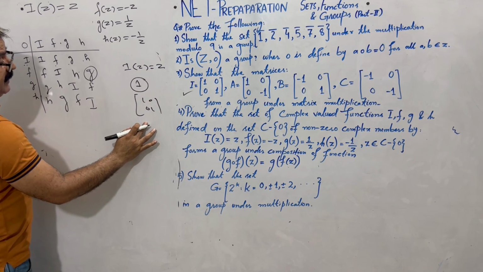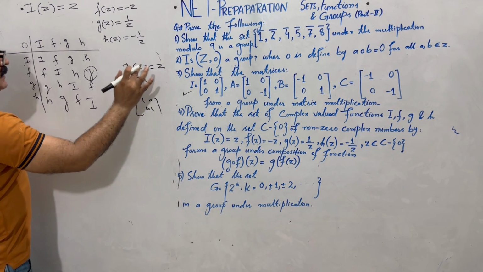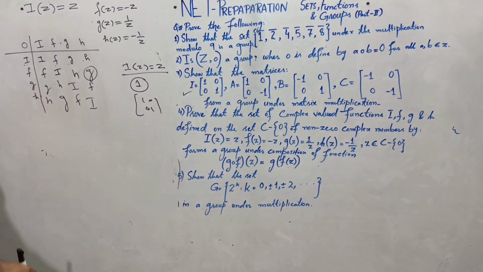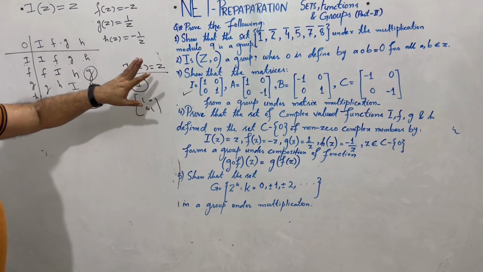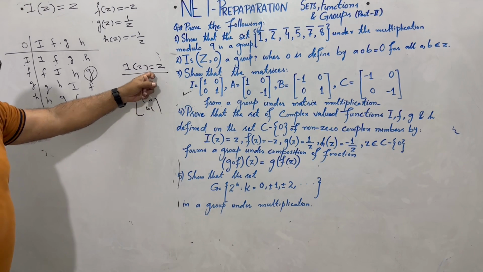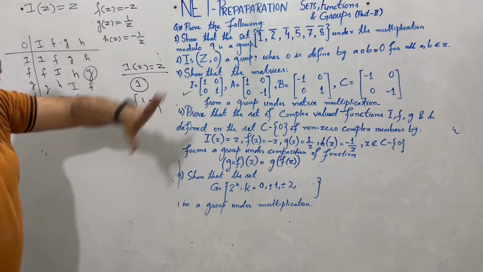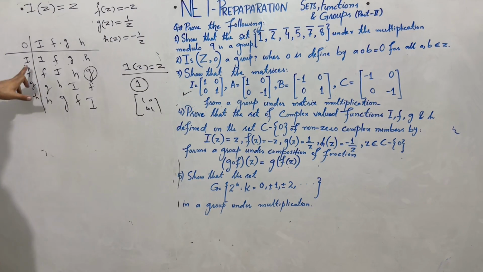If it is multiplied with any 2 by 2 matrix, you will get the same matrix. In the same token, if we find the composition of any function with I of Z, we will get the same function. Second, now let's find out about inverse.